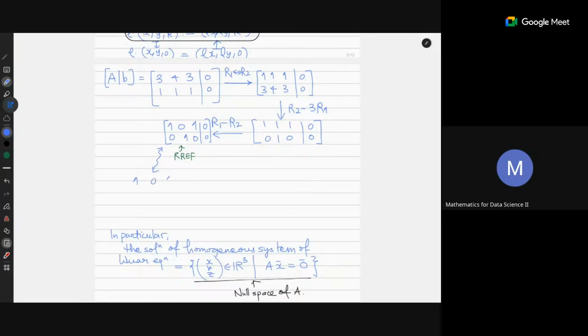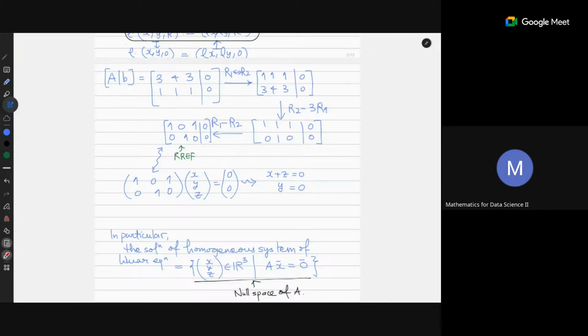This matrix 1, 0, 1, 0, 1, 0 is multiplied with x, y, z and equals 0. So this gives x plus z equals 0 and y equals 0. Now, how many solutions are there? Infinitely many.